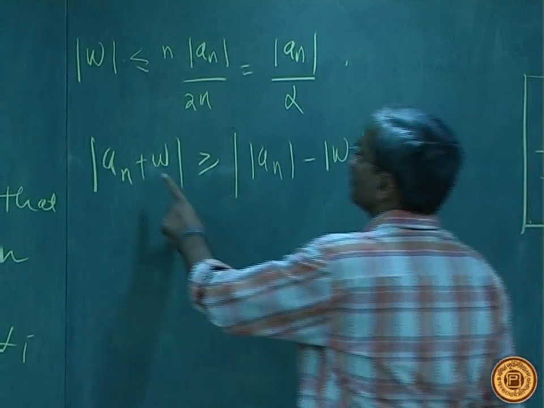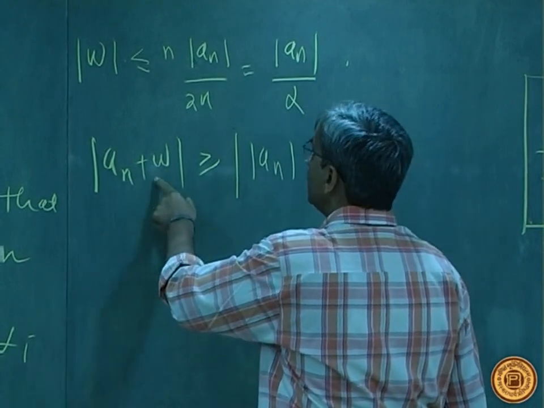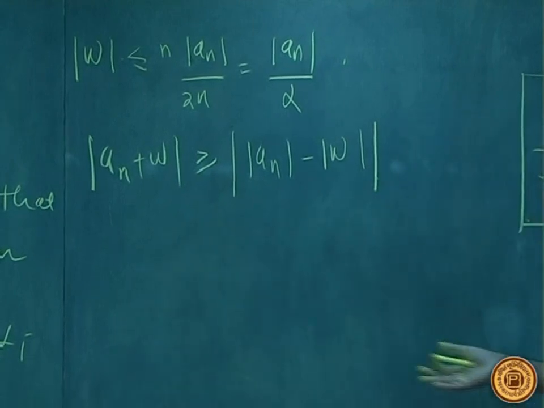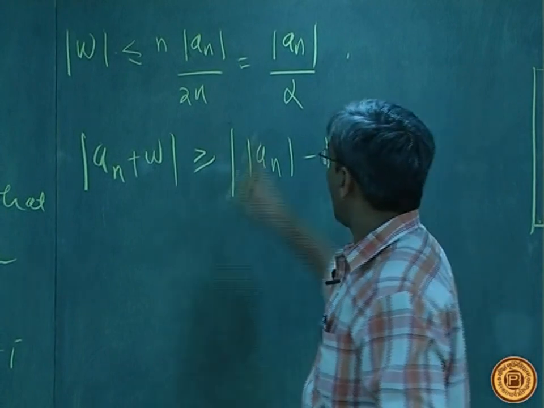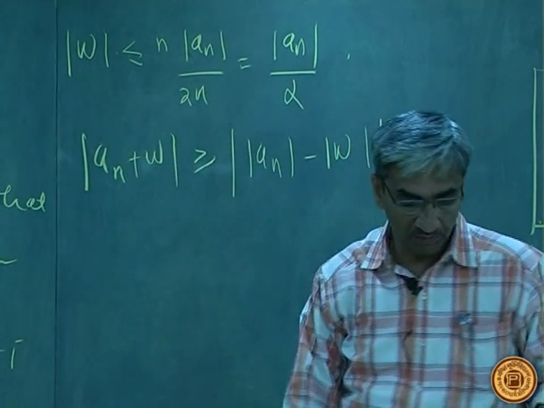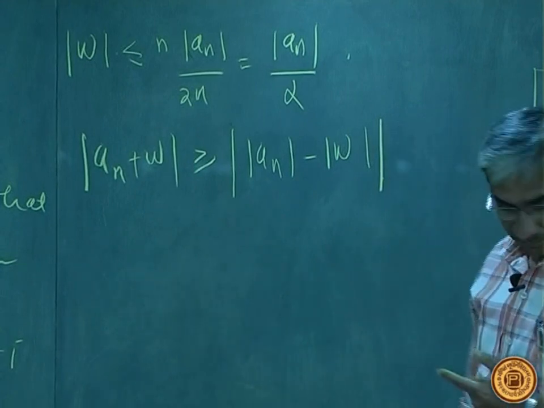Because you can think of this as minus minus w. So mod of a minus b is bigger equal mod of mod a minus mod b. Several times we have used this inequality. Alright. So but mod an is bigger equal 2 times mod w.